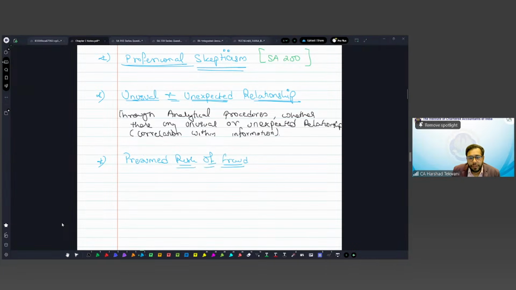Now, what is presumed risk of fraud? I will talk about two different areas where I say there is a presumed risk of fraud. When I say presumed risk of fraud, it means there is a presumption that there is a risk of fraud in that particular area from the start. Whether you do anything or you don't do anything, this area will have risk of fraud always by default.